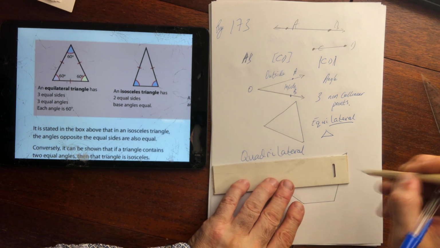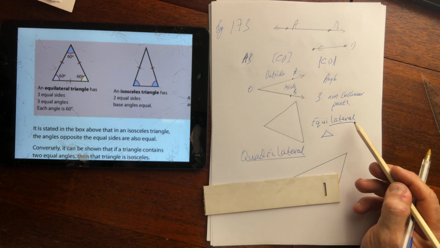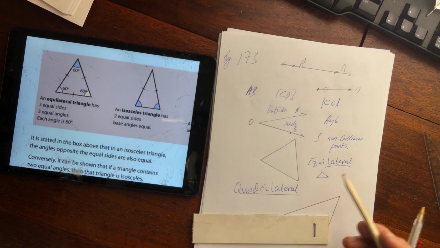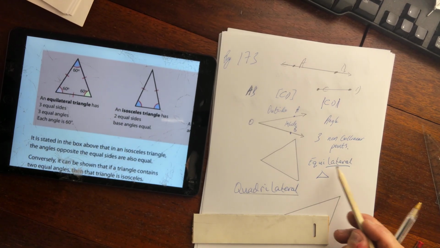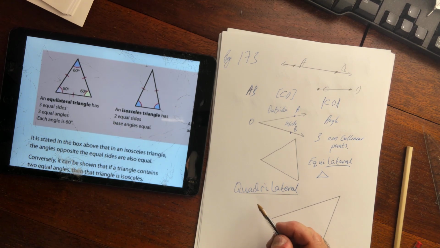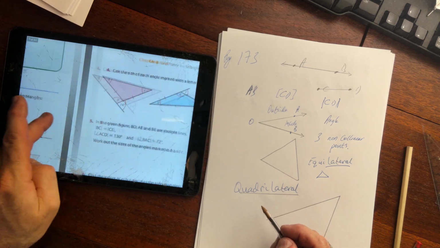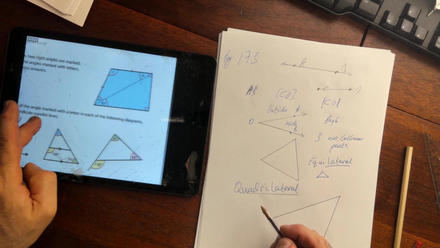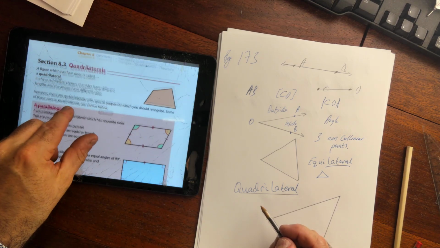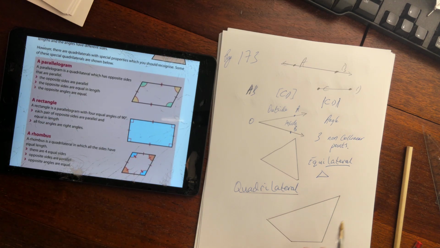In particular, just like for triangles where we study right angle triangles, acute triangles, obtuse triangles, isosceles triangles, just as we do in triangles, we're going to be looking at lots of different types of quadrilateral. So the first quadrilateral we look at here is a parallelogram.